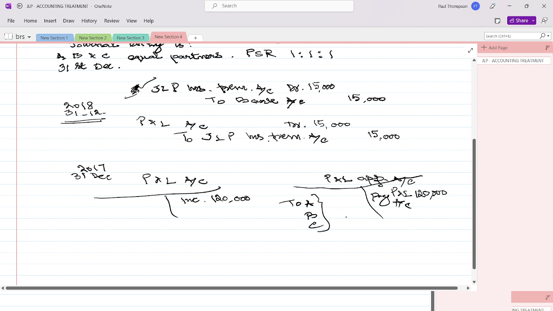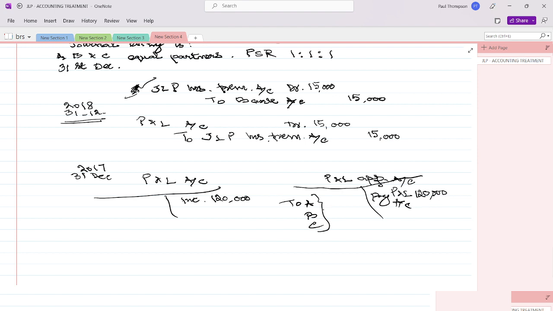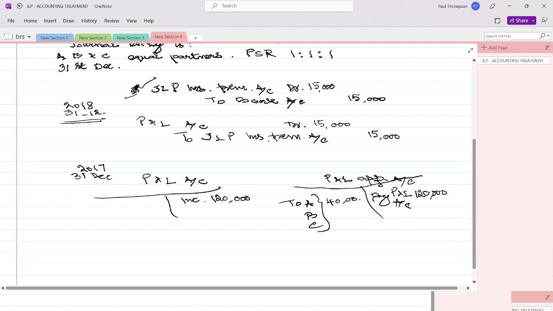But here, for this case, we are assuming that nothing is available. The total 1,20,000 will be distributed among the partners. As their PSR is equal, we are distributing to them in the ratio of 1:1:1. So they will be getting 40,000, 40,000 and 40,000. So the total comes to 1,20,000.